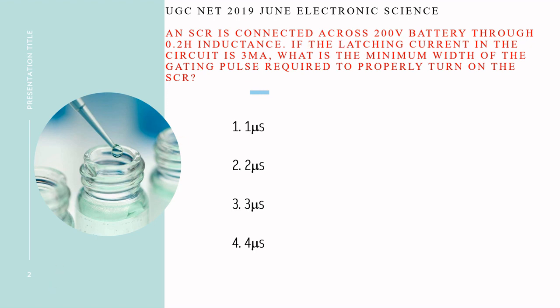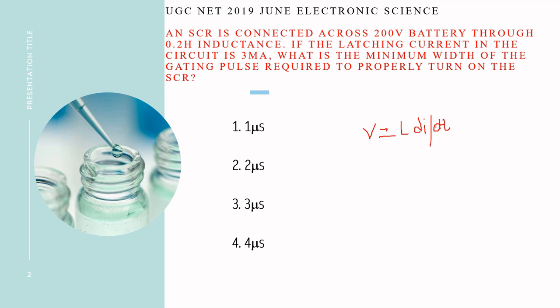We know that V equal to L di dt. This we know from SCR concept, right? So the value of V and the value of L is given in the question paper. So we can easily solve di dt.